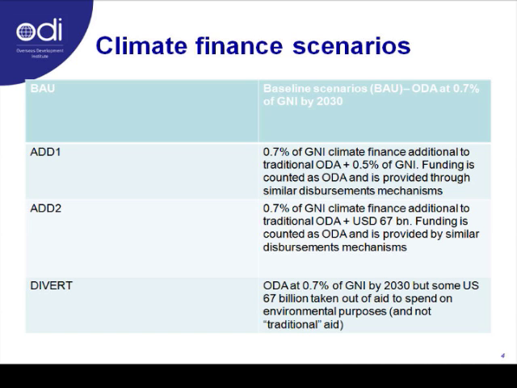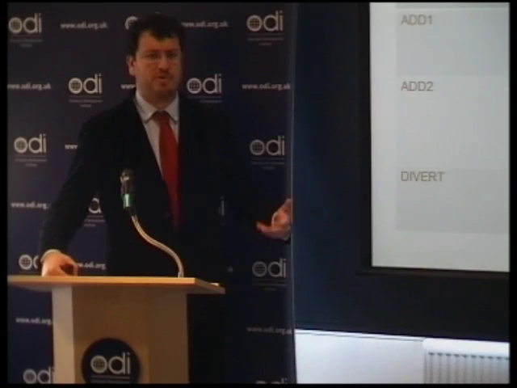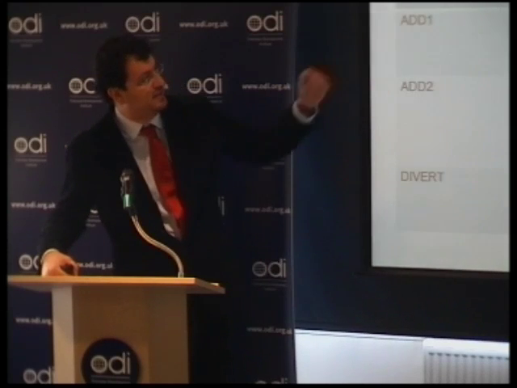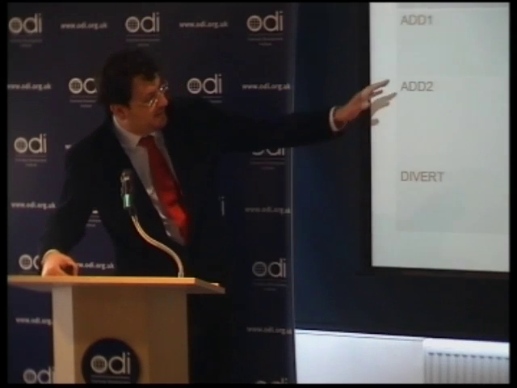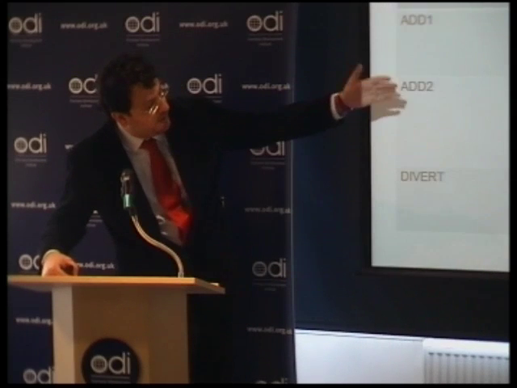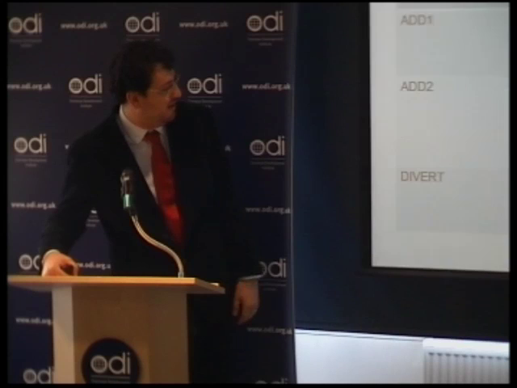The 0.5 proposal was proposed by many emerging countries and developing countries. In our paper, we reviewed 26 proposals from developing countries. Half of these proposals called for these 0.5 additional funds for climate finance. The 67 billion additional funds were proposed by the Africa group.